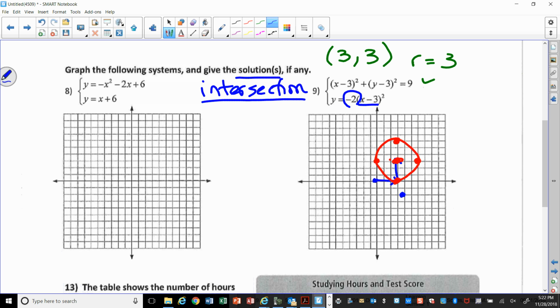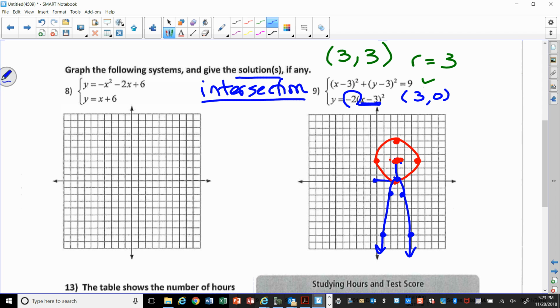All right, and then over and down 1, 2, 3, 4, 5, 6. So the vertex here would be at positive 3 and 0 because there's nothing out here. All right. And I go over 1 and down 2, then over 1 and down 6. And I'll connect these as best I can.